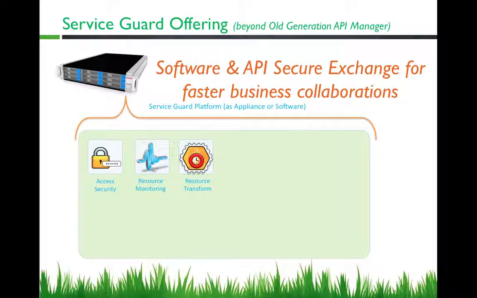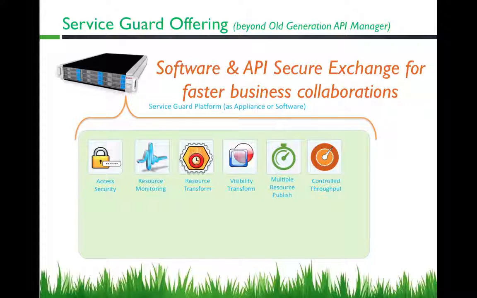Then obviously the transformation, which is one of the key factors to control the visibility as well as what you want to show or expose to the outside parties. Then definitely controlling the visibility in terms of API as well as parameters exposed. Then exposing multiple resources to a single partner under a single policy point.